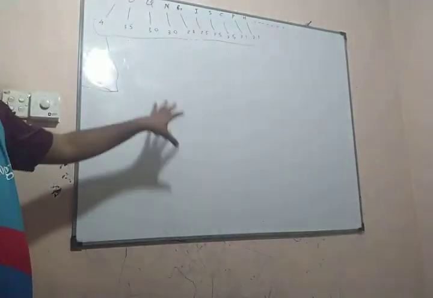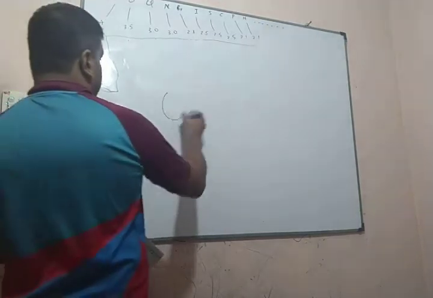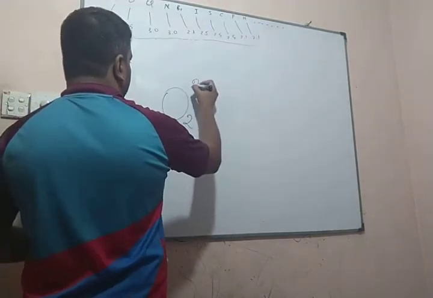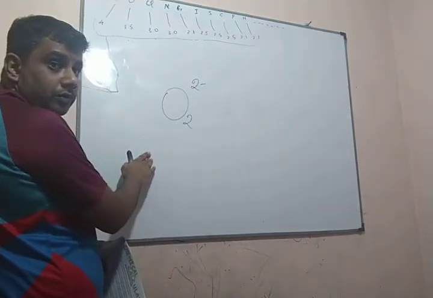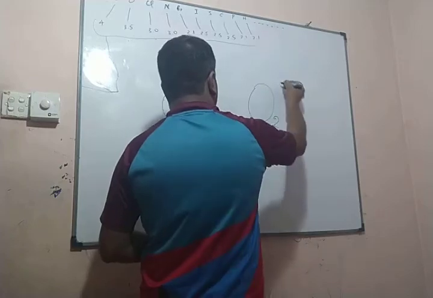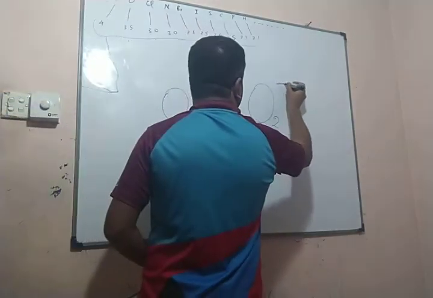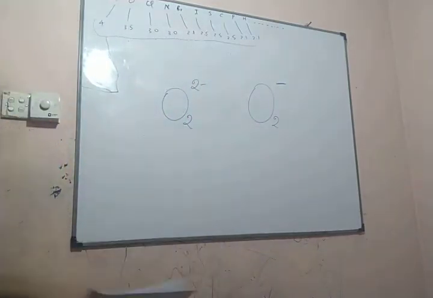You should remember peroxide. What's the formula of peroxide? O2 2 minus. This is the formula of peroxide, and this is the formula of superoxide. Only these things you should keep in mind.